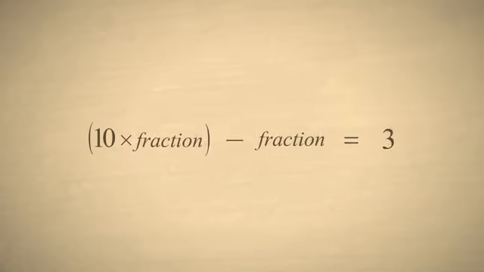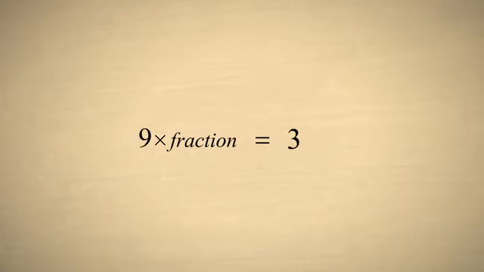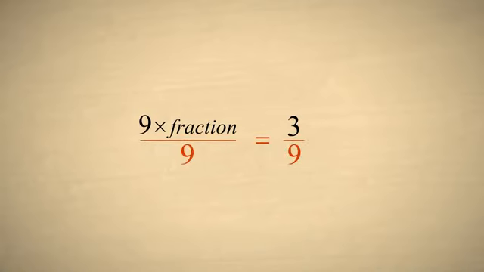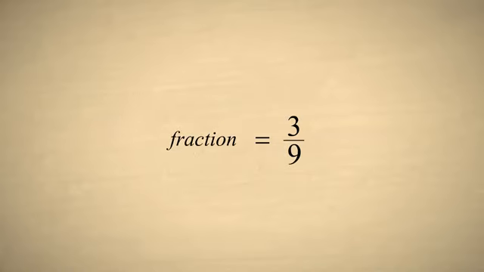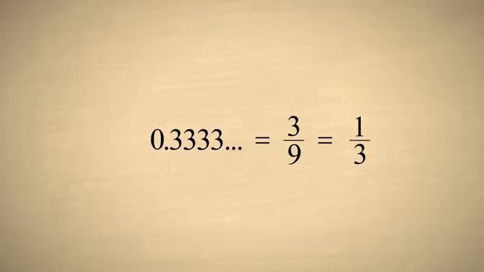We write this as an equation which we can simplify to say 9 times the fraction equals 3. We then divide each side of the equation by 9 so that the 9's on the left side cancel. This equation tells us that our fraction is equal to 3/9. Of course, the fraction 3/9 can be reduced to 1/3. So we have converted this repeating decimal number to the fraction 1/3.